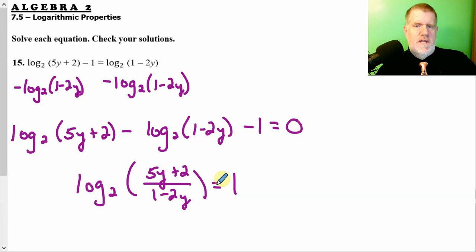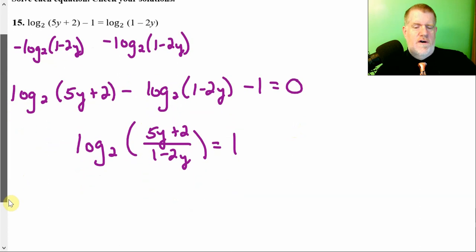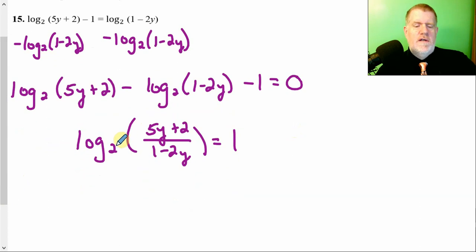Is everybody okay with that? I added 1 to both sides, and since I'm subtracting the logs, I can divide their expressions, their terms. So now I've got a log equaling a whole number, so I can take that base 2 to the first power.